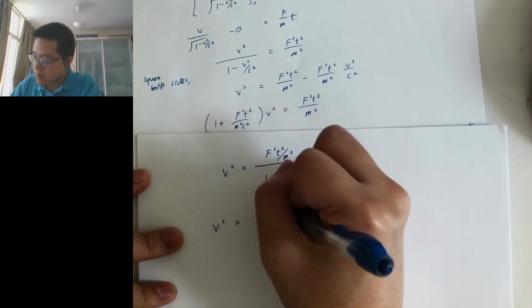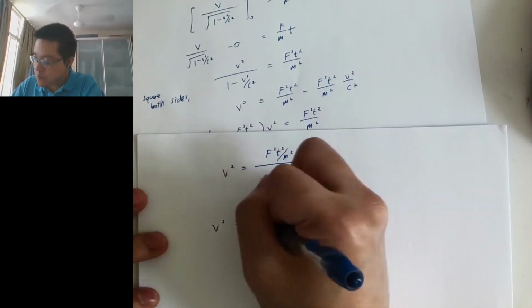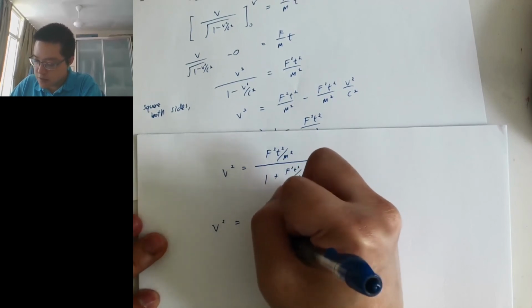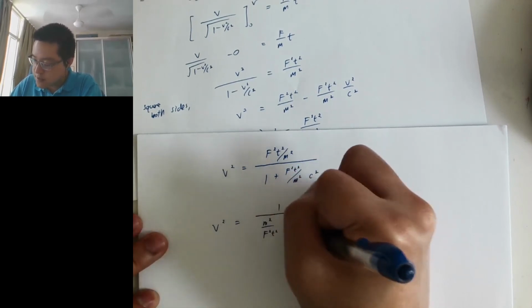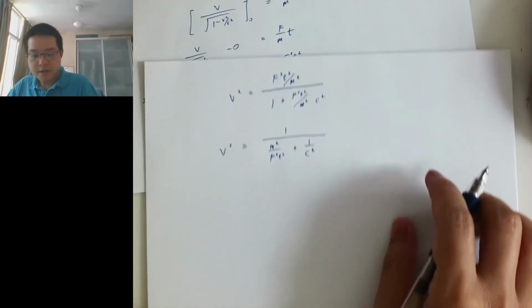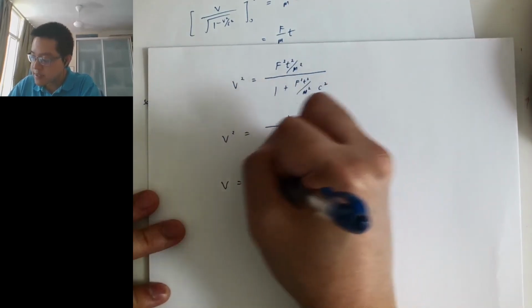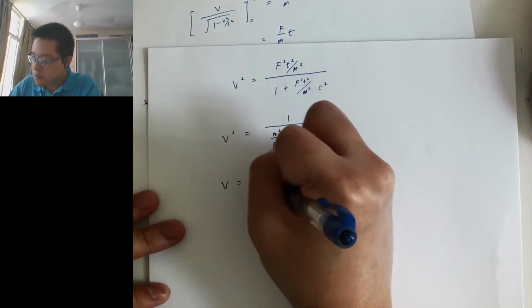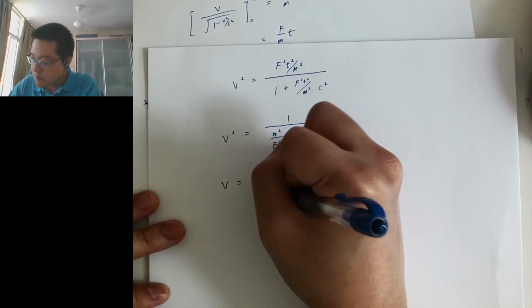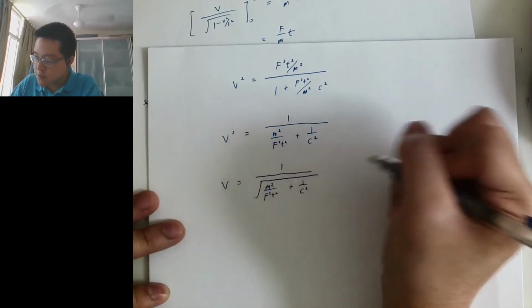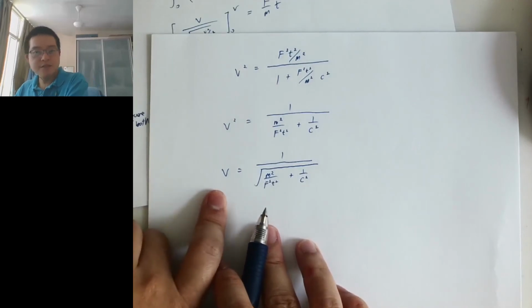So this will become 1 over m squared over F squared t squared plus 1 over c squared. Do you agree? Right? So this is v squared. So the speed is taking the square root. So I got 1 over the square root of m squared over F squared t squared plus 1 over c squared. Okay, so this is the velocity as a function of time.